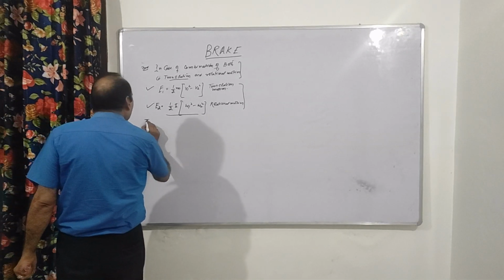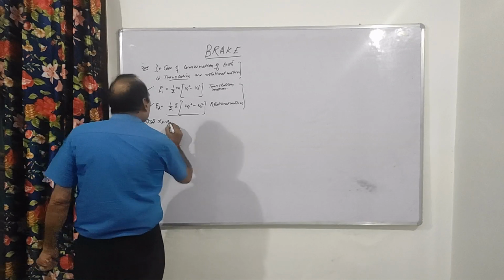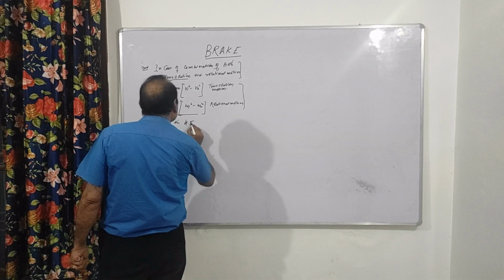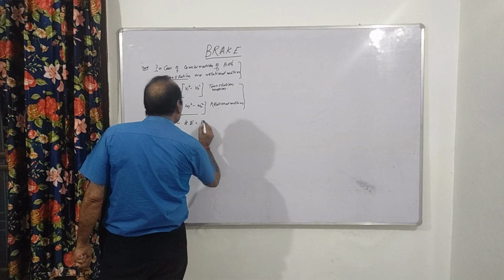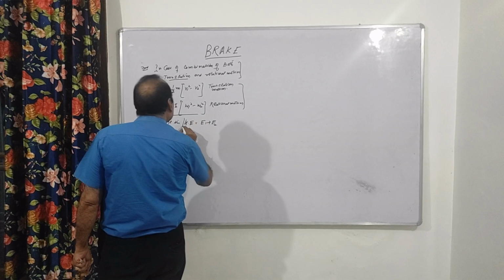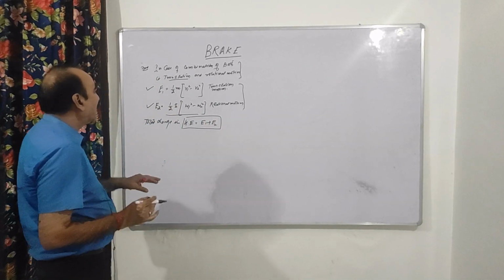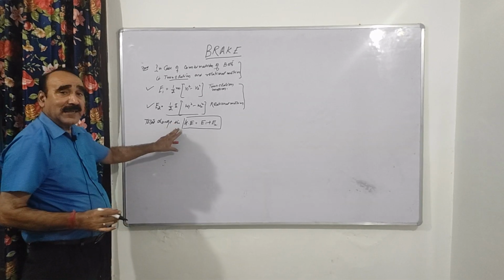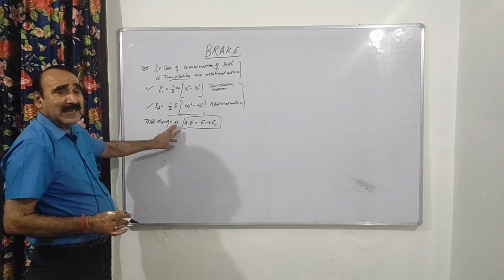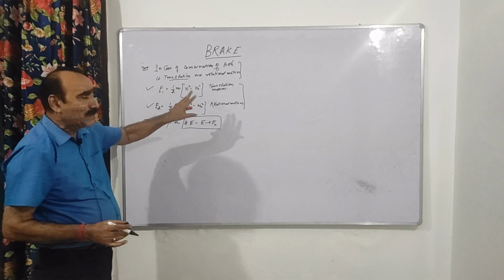So the total change in kinetic energy is equal to E1 plus E2, right? So this much energy is absorbed when you apply the brake on a moving body that has both the translation motion and the rotational motion.